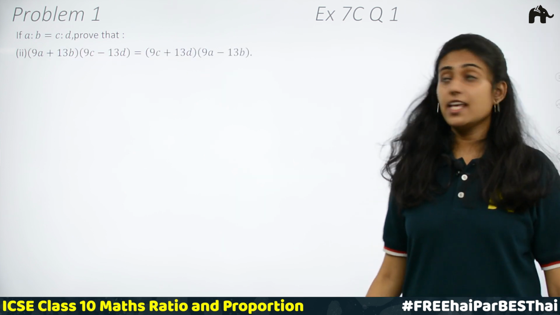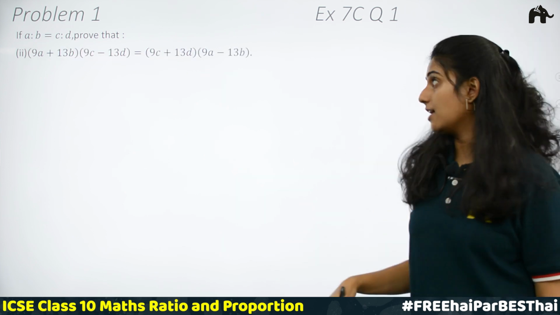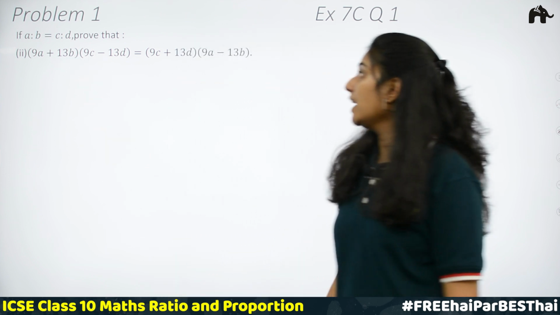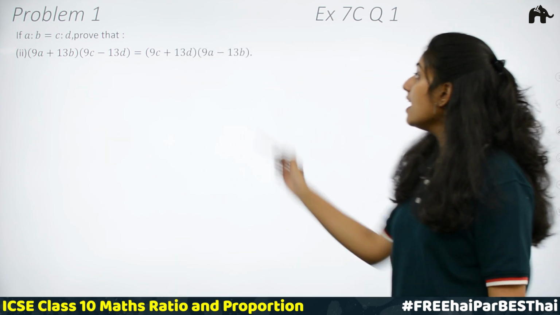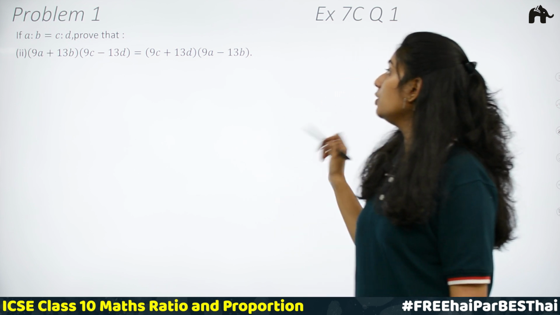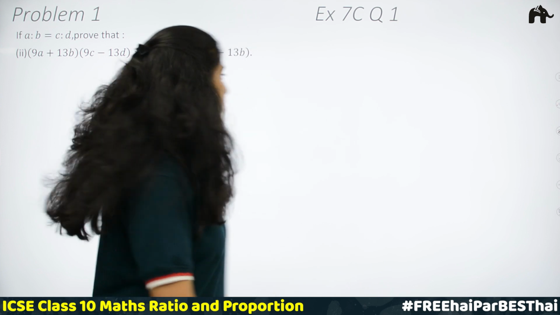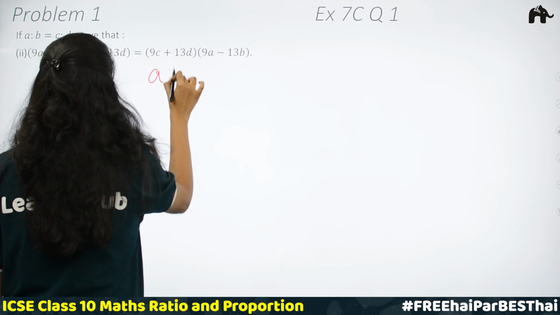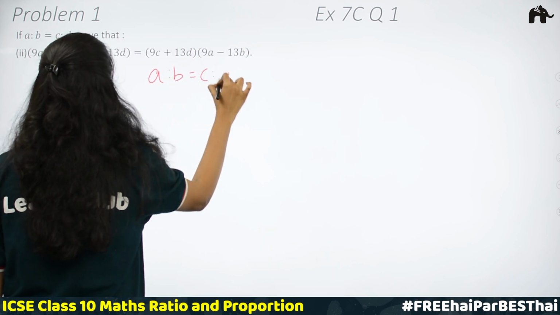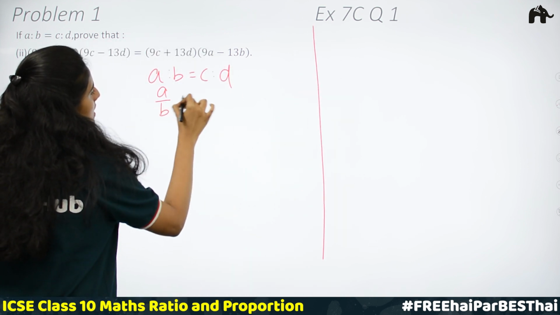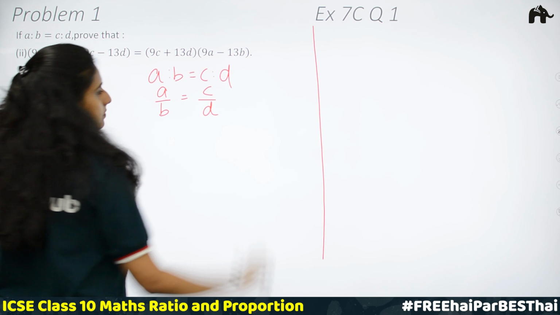Okay. Now the second part of question 1. 9a plus 13b into 9c minus 13d is equal to 9c plus 13d into 9a minus 13b. Here again we have a is to b is equal to c is to d, that is a by b is equal to c by d.